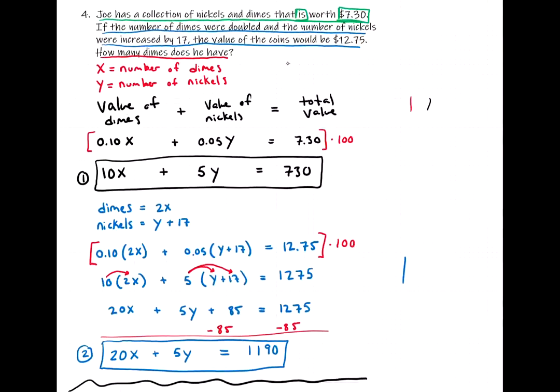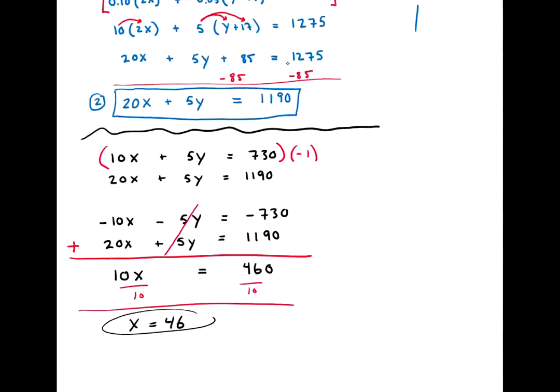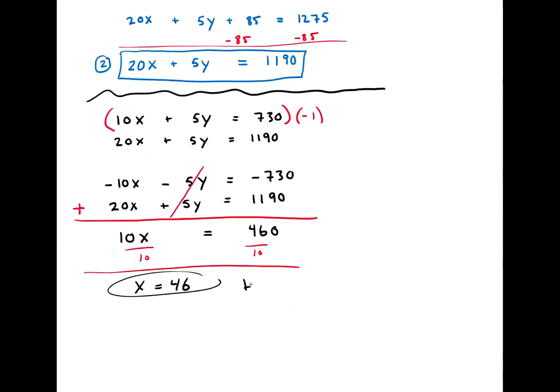So the original question, how many dimes does he have? X is the number of dimes. We just found x, so we've solved the problem. There are 46 dimes. Or we could say he has 46 dimes. Okay, that does it for this problem. I hope this was helpful.